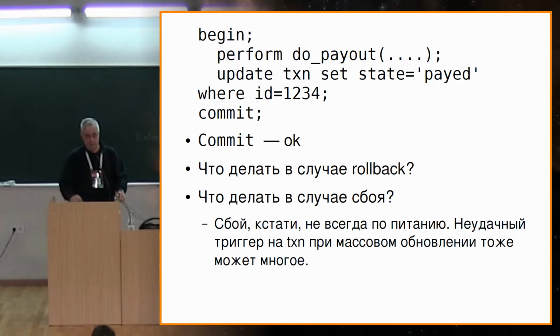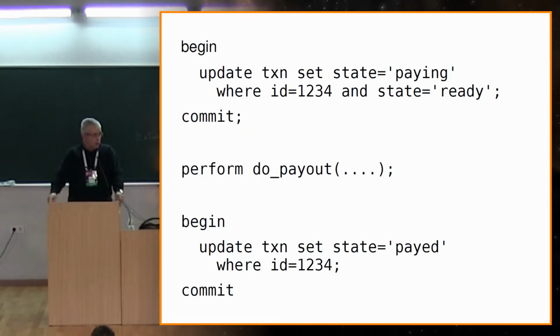And we need to remember that it's better to refrain from doing the operation than doing it wrong. You can look here. At first, we put the state pending where this state is ready. In the first case, we could pay twice, but here it's not possible, so we have either paid or not.